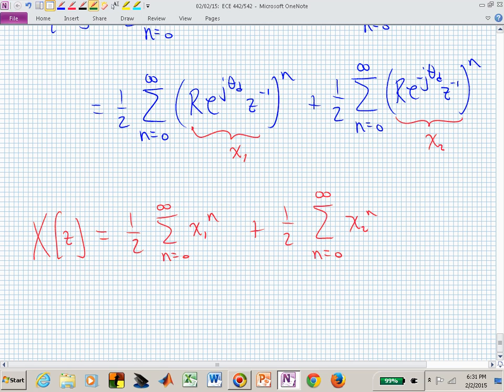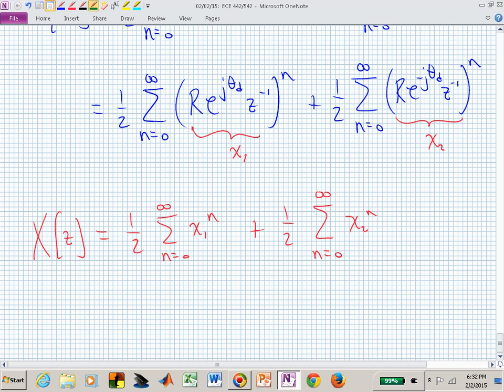That's now looking like something we've been doing all along. We know how to find a closed form expression for x to the n when it's the argument in that sum. This is now 1 plus x1 plus x1 squared plus x1 cubed. We know how to rewrite that in a closed form expression.